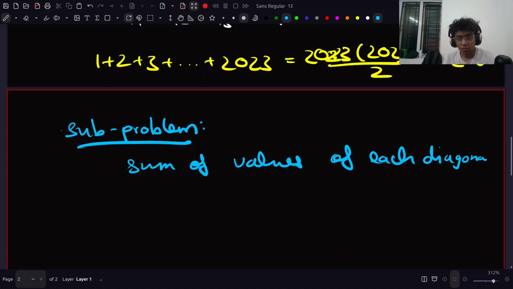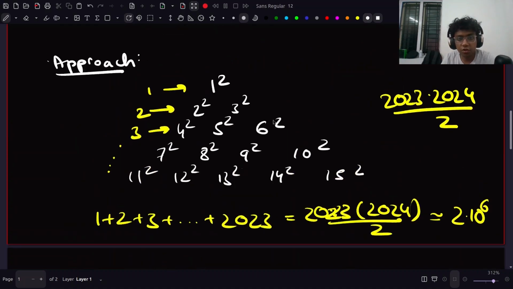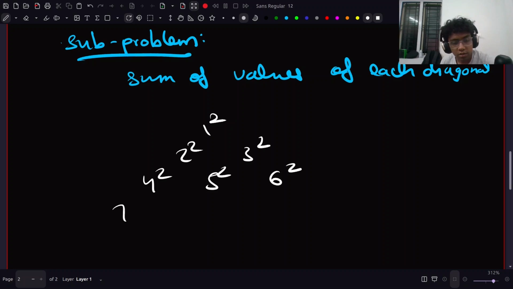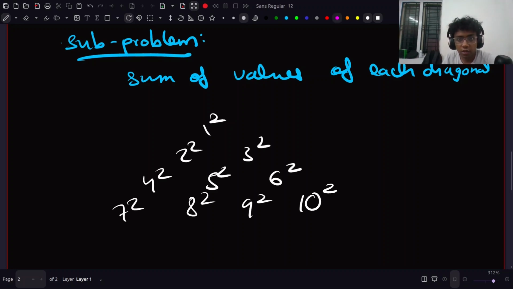Okay, so again, let me just draw the triangle. Let's say we have 1 square, 2 square, 3 square, 4 square, 5 square, 6 square, 7 square, 8 square, 9 square, 10 square. Okay, so let's say I want to calculate the sum of values of the diagonal of 9 square, which means 9 square plus 5 square plus 2 square.